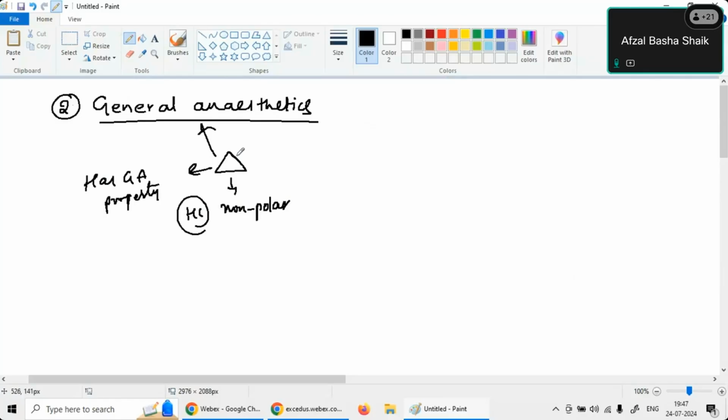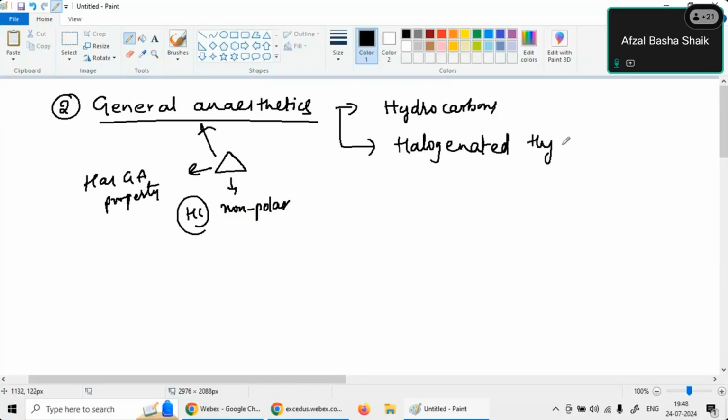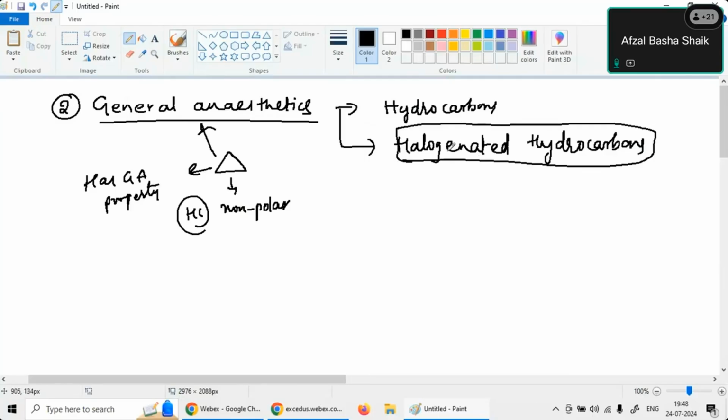Okay. Similarly, we have many compounds. The general anesthetics are not only the hydrocarbons, and most of the general anesthetics are halogenated hydrocarbons. Which type of hydrocarbons? Halogenated hydrocarbons.